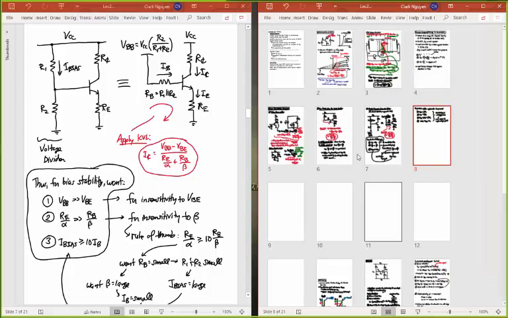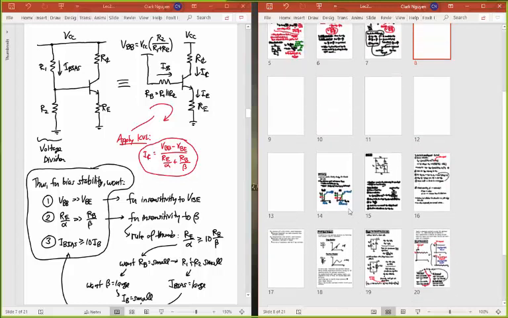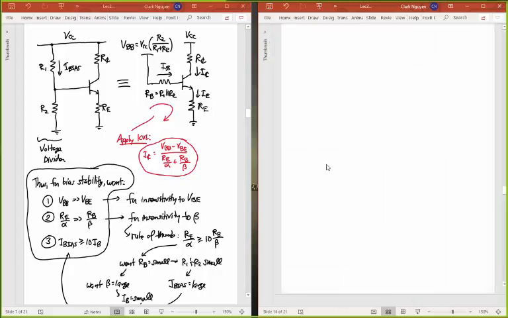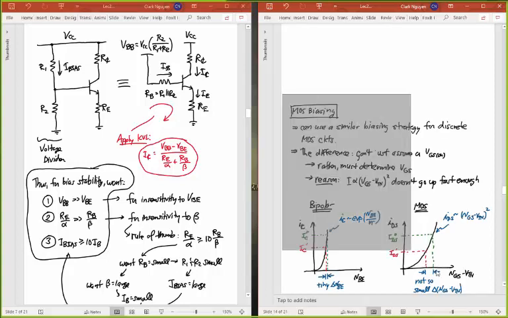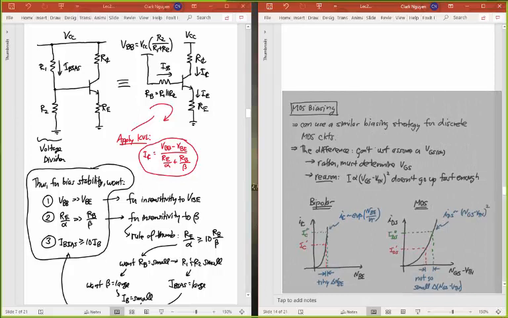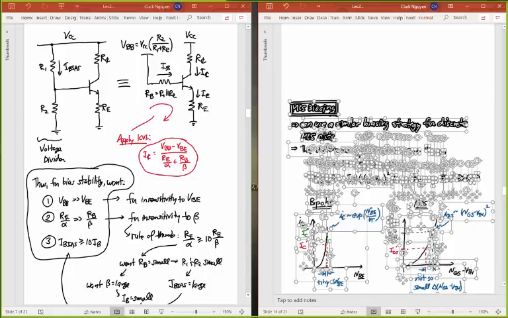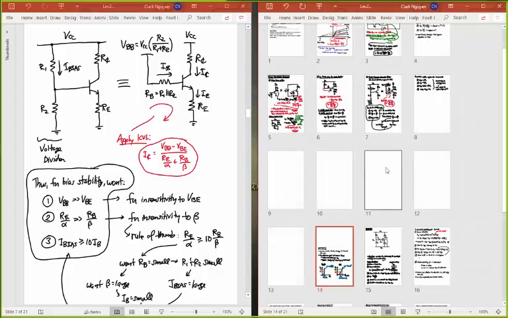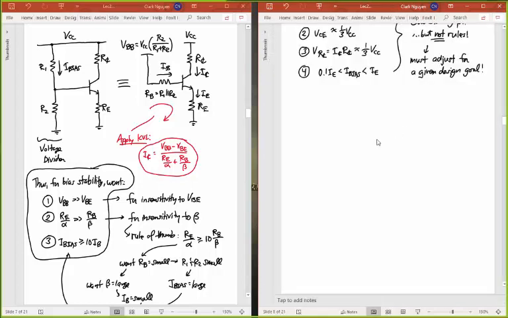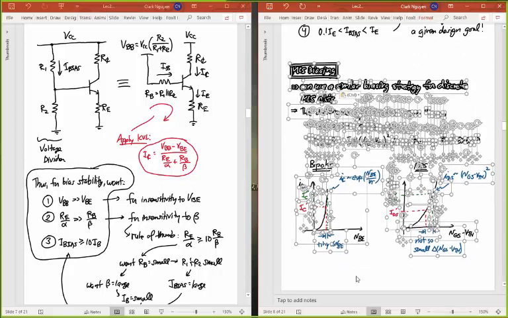But for MOS biasing, it's a bit different. So I'm going to steal something here just to start this off for you. I want to steal this, which illustrates the difference between MOS biasing and bipolar biasing. So I'll steal that and stick that right here.